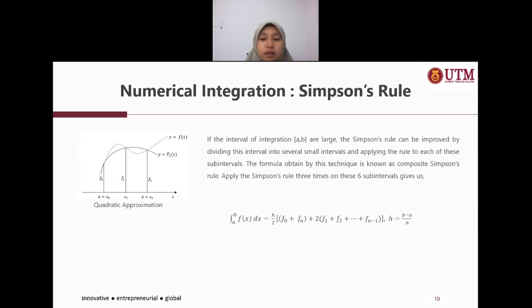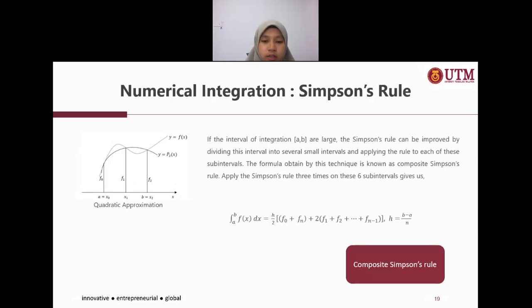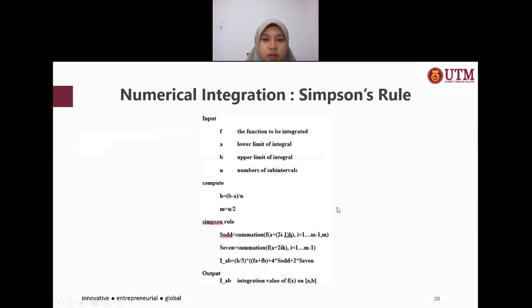So we will get the new formula, which is known as composite Simpson's rule. On this side is the even subinterval, and this side is the odd subinterval.